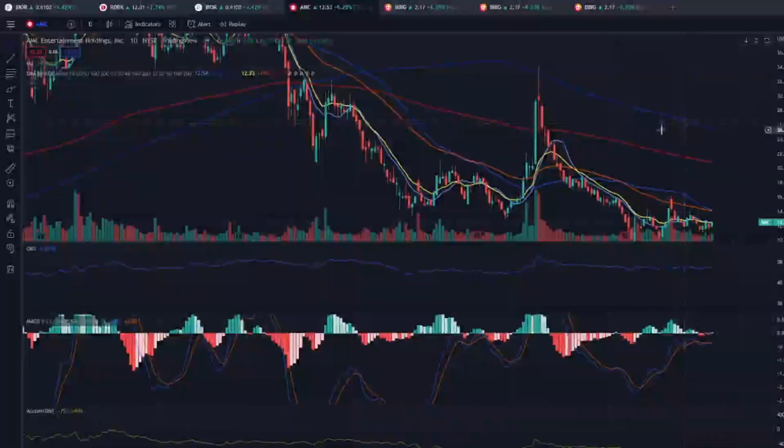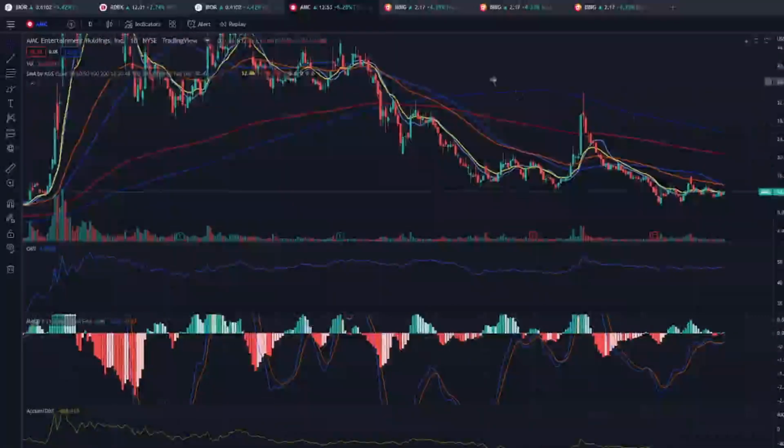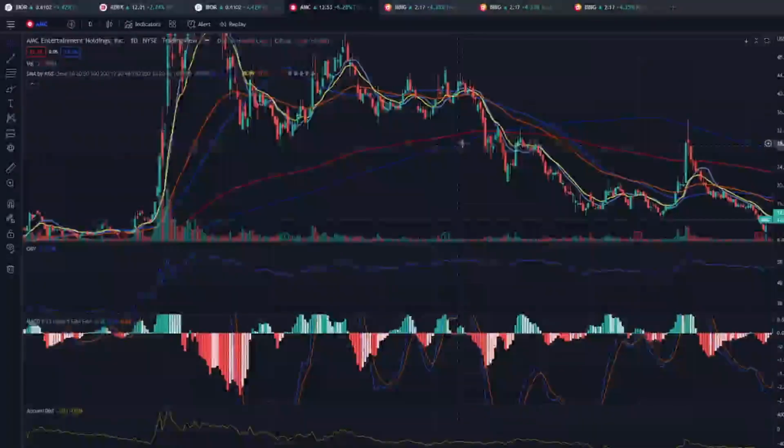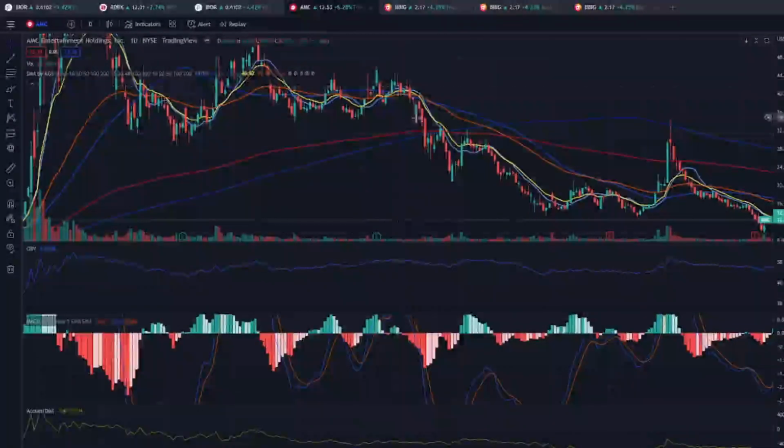So looking at AMC, let's zoom out a little and have a look at this period of time. Something very interesting happens here. First thing we're going to notice, this is where AMC dropped under the 200 moving average.